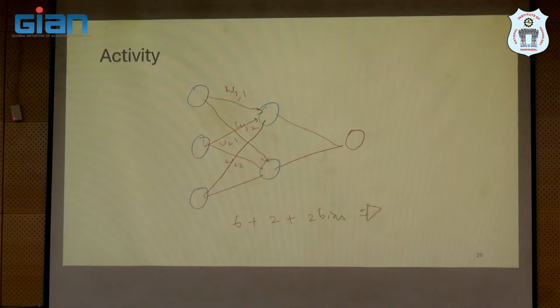These are the total number of parameters you will be updating in every epoch. That is for such a simple neural network. Is that clear? Did that answer your question?